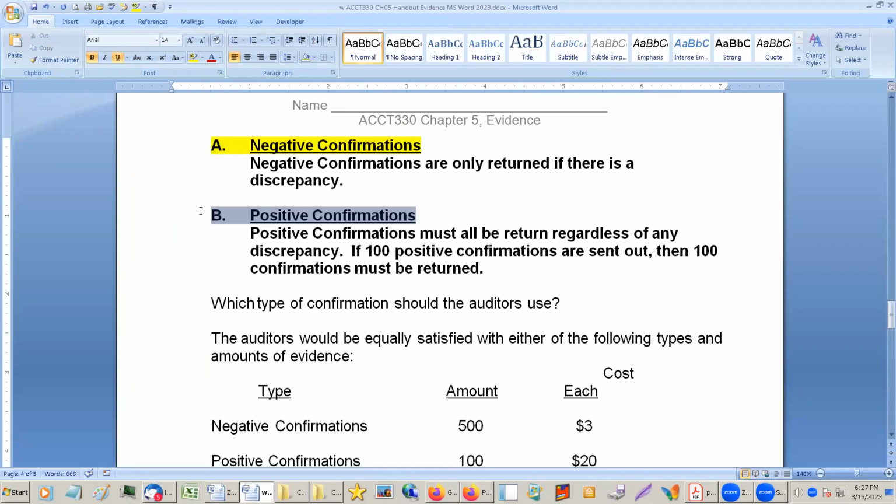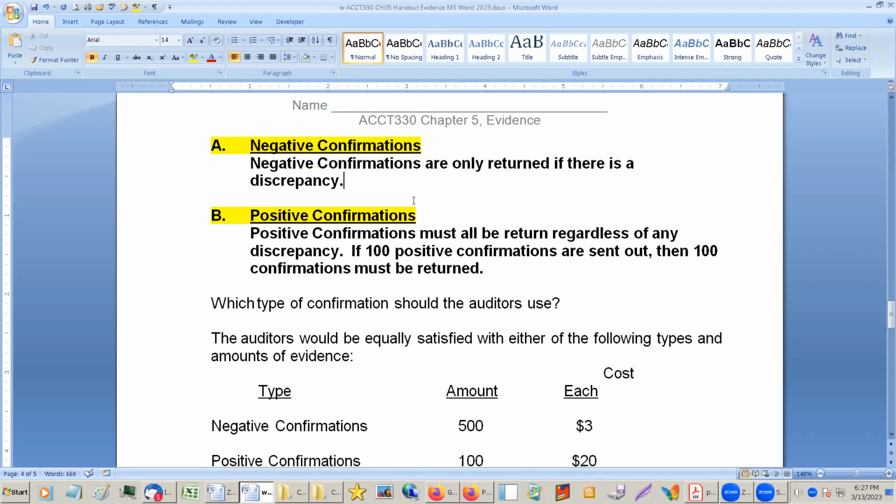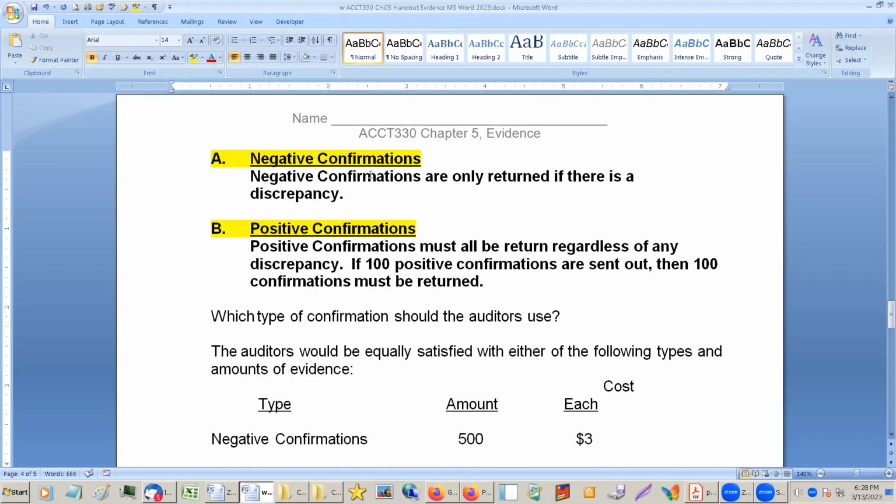What can you see being a problem with a negative confirmation? They're only returned if there's a discrepancy. So you put right on the confirmation that you send out that, look, if there's no problem, disregard this. If there is a problem, tell us what the problem is and return it. There is a problem with negative confirmations.